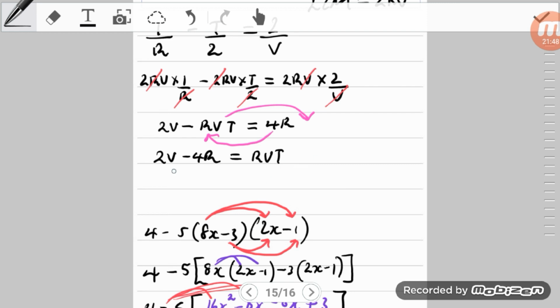So my final result here is 2V take away 4R divided by RV, and that's going to be equal to T, because once I divide the right side by RV, the two RV's will cancel, leaving me with T. And so that there is my final result. T is equal to 2V take away 4R over RV.